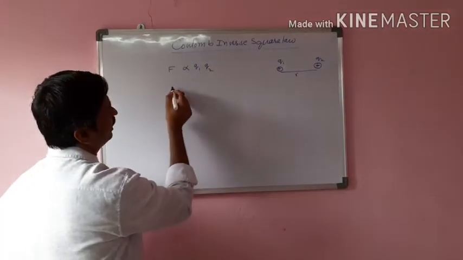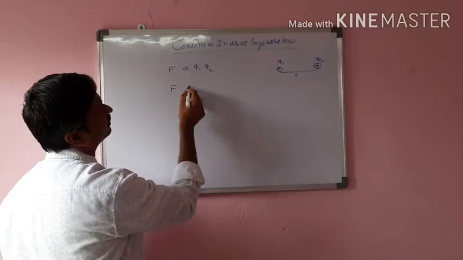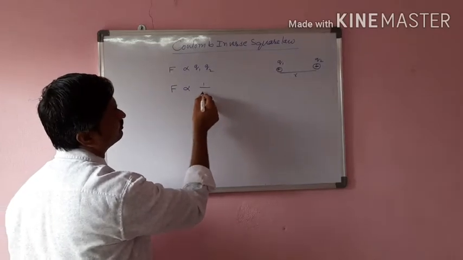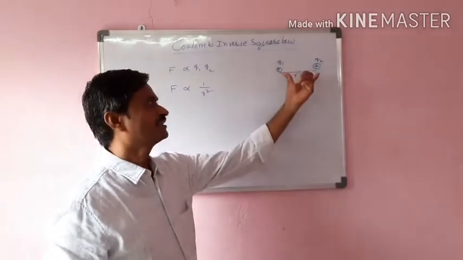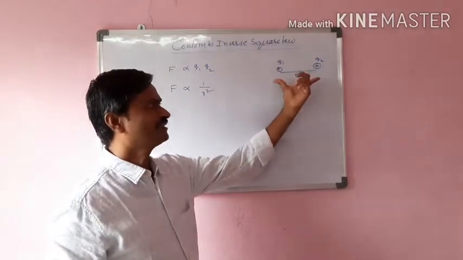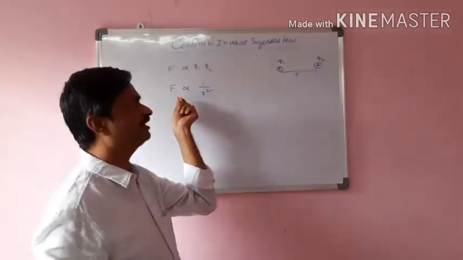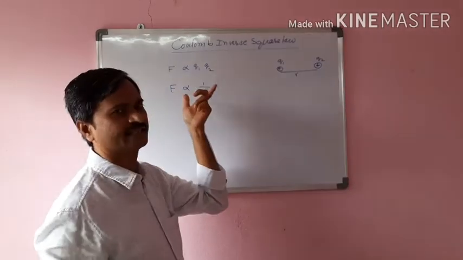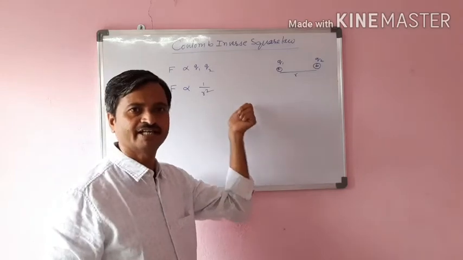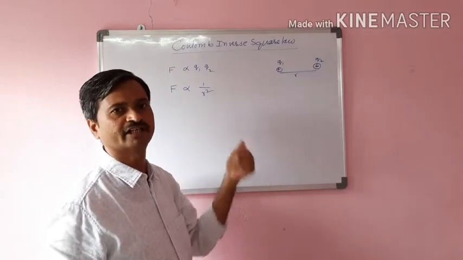And also the force is inversely proportional to the square of the distance. As the distance increases, the force decreases. As the distance decreases, the force increases, with the square in the denominator.